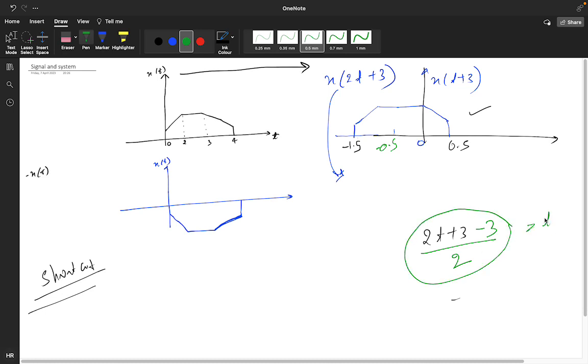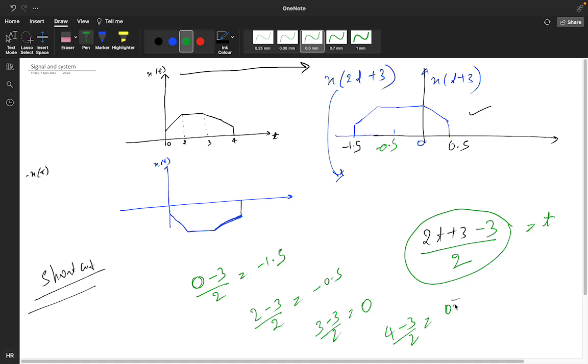So t will come. So 0 minus 3 divided by 2 is minus 1.5. 2 minus 3 divided by 2 is minus 0.5. 3 minus 3 divided by 2 is 0. 4 minus 3 divided by 2 is 0.5. See the values, directly change the values.